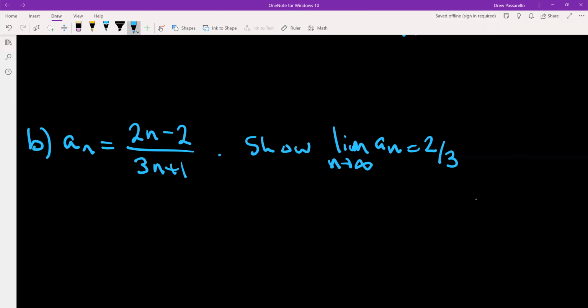All right, so part B to the problem says you have a sequence where its nth term is defined to be 2n minus 2 over 3n plus 1. Show that this limit is 2/3.